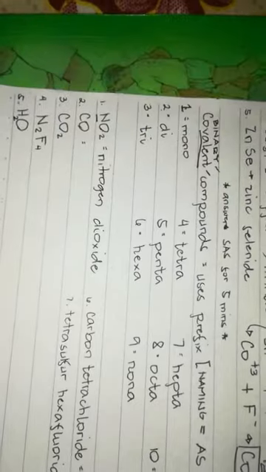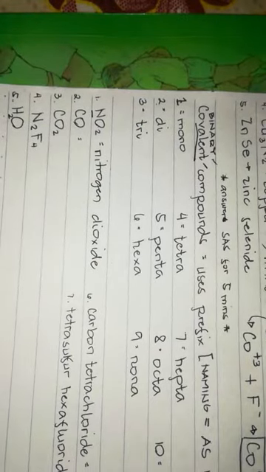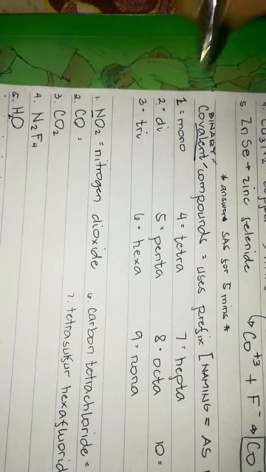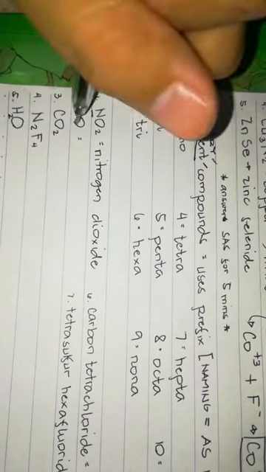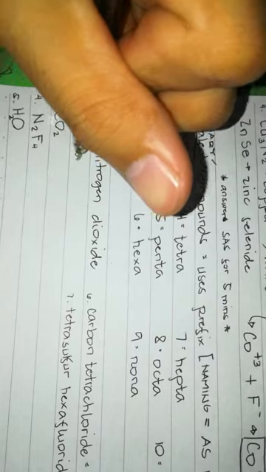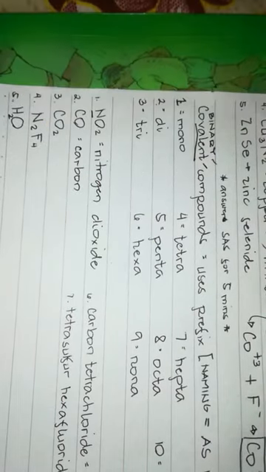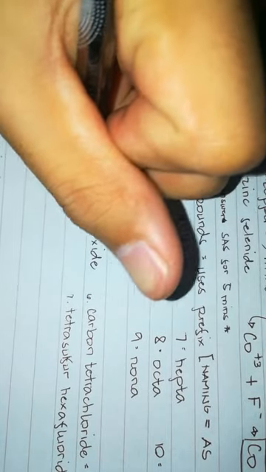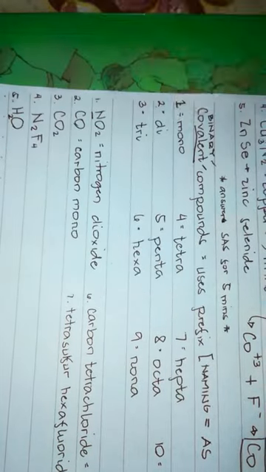Next, we have carbon and then oxygen. Isa ang carbon natin, so dapat ba natin siyang gamitin ng mono? Hindi po, dahil ginagamit lang natin ang mono sa pangalawang element. So this is carbon. And then, we have only one oxygen, kaya mono-oxide.